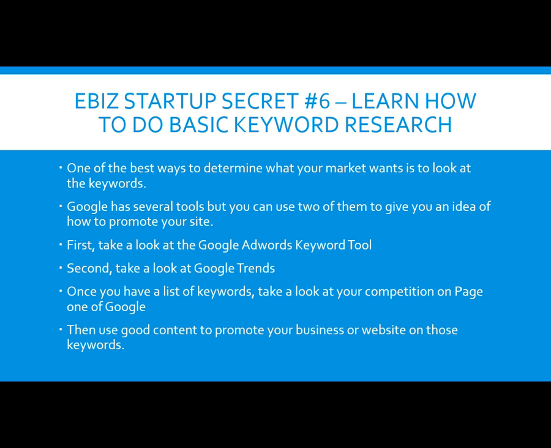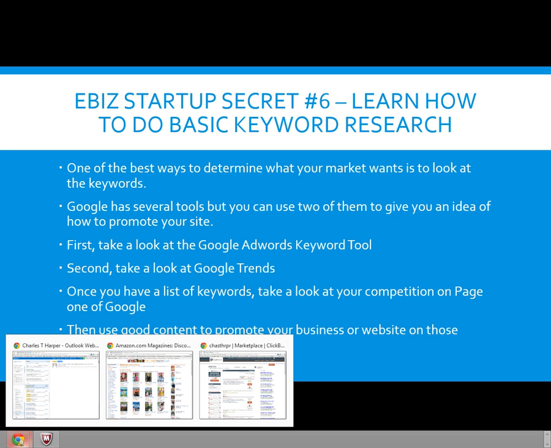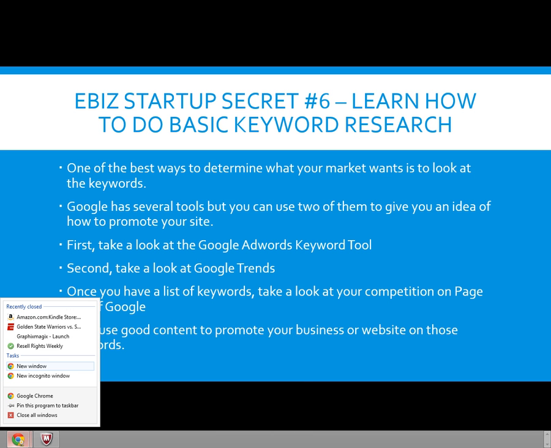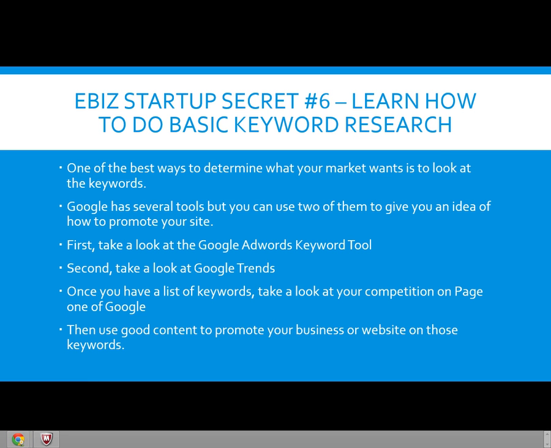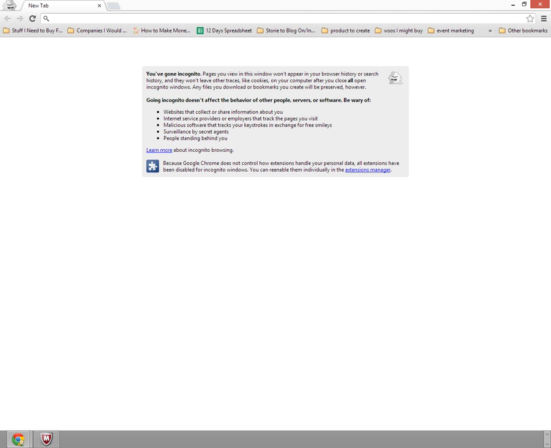Now let's take a look at the two keyword tools. In order to do that, I'm going to go into Google. What you're going to do here is go to the Google search engine.